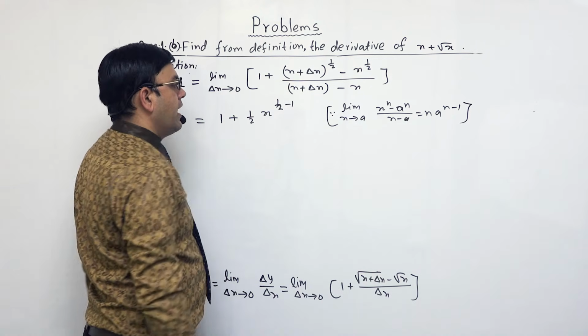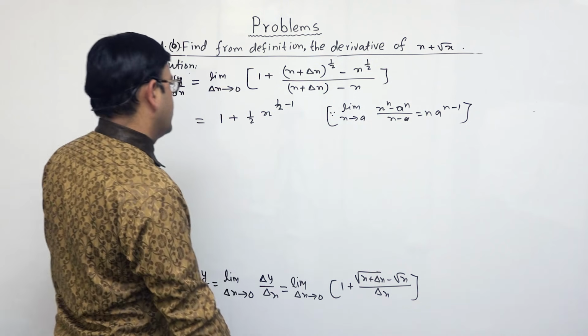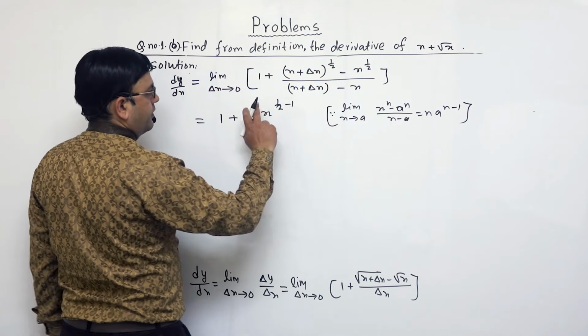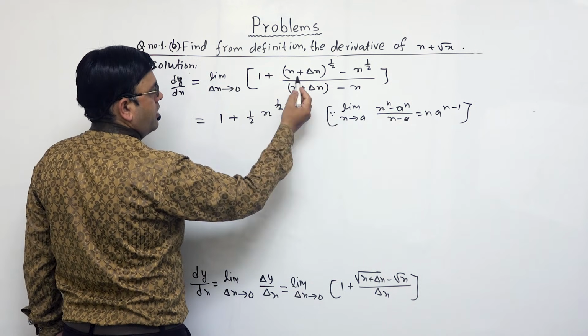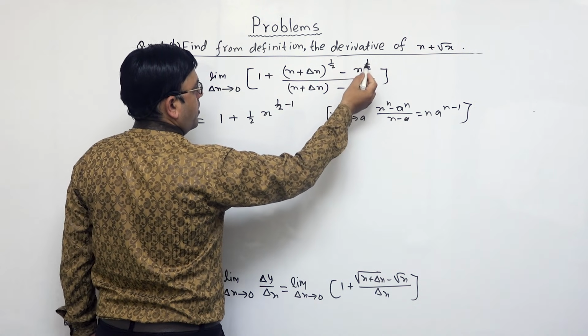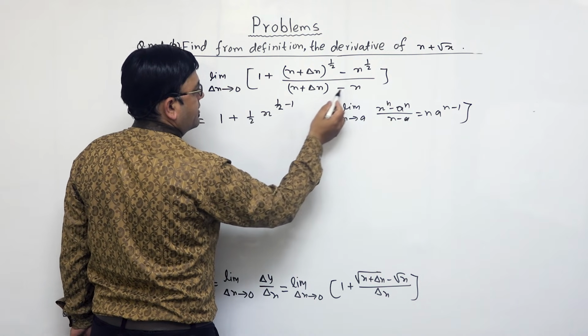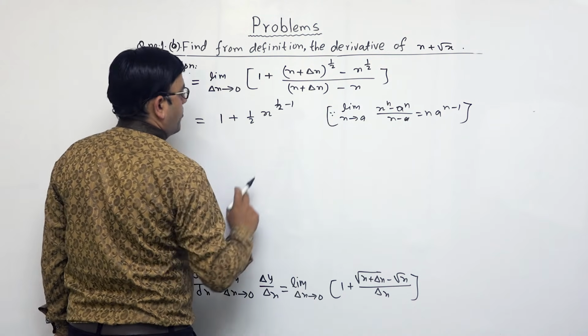Limit x tends to a, xn minus an by x minus a भयो भने n times a to the power n minus 1. Similarly, we have here, यो 1 is here, जस्ताको जस्तै आयो. यहाँ हेर्नुस् त, यसलाई हामीले x सपोज गर्यौं, x to the power n minus a to the power n upon x minus a भयो भने limit del x tends to 0 मा हाम्रो भ्यालु यस्तो आउँछ.